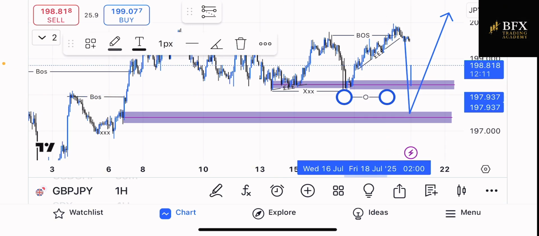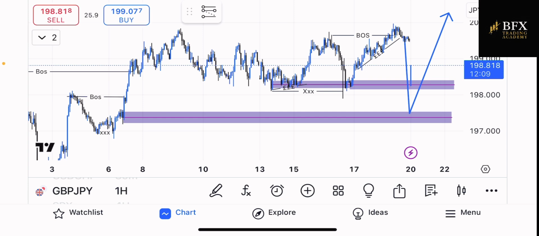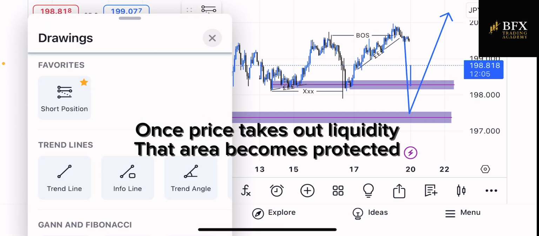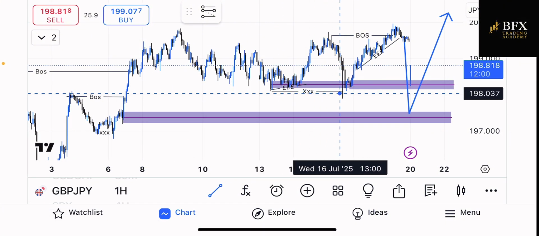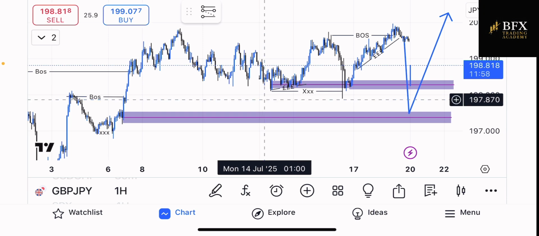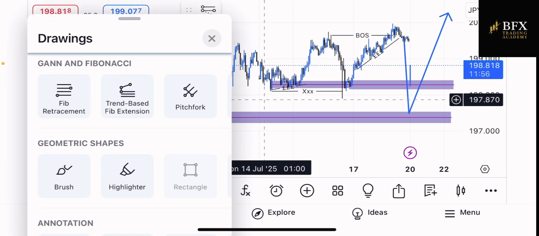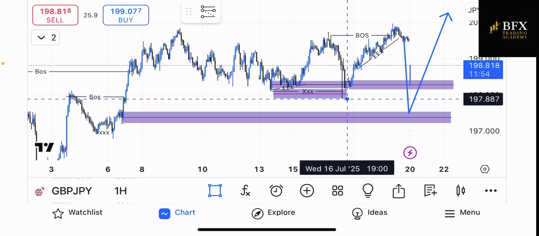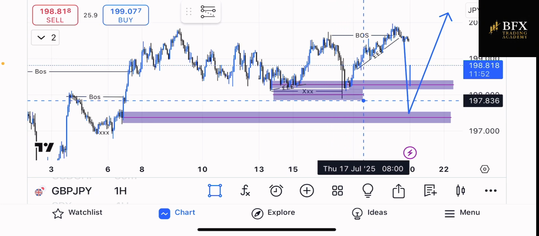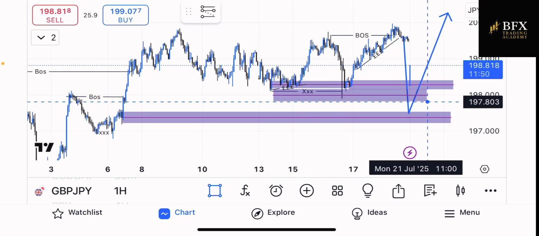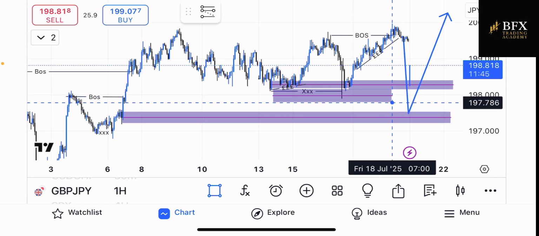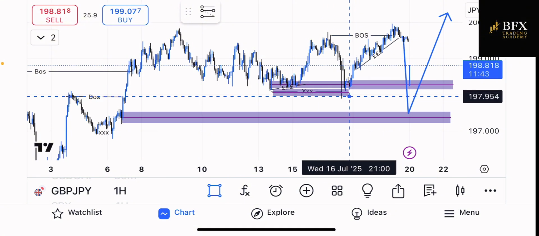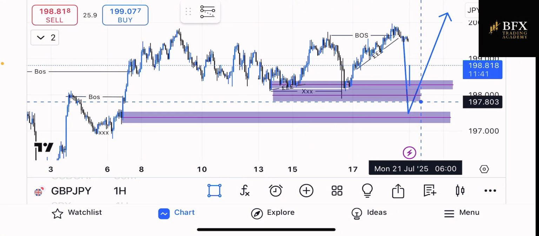But one thing about liquidity you need to know is that once price has taken out a liquidity, your area is now being protected. Like here now, price has taken out this liquidity. So that means automatically here is being protected. So we don't really anticipate price to now break through here and mitigate this zone, because price has already seen what it is coming for and it has already swept the liquidity, right?